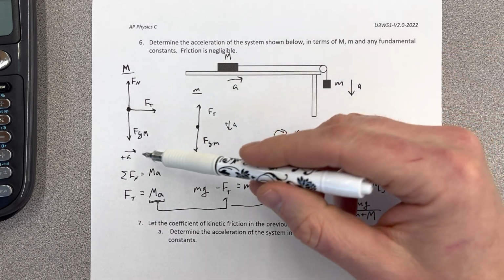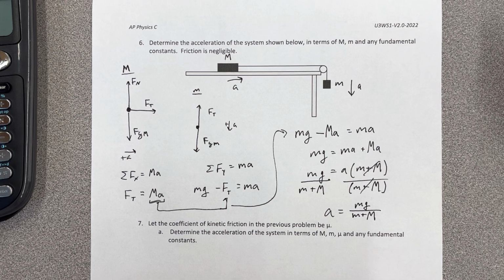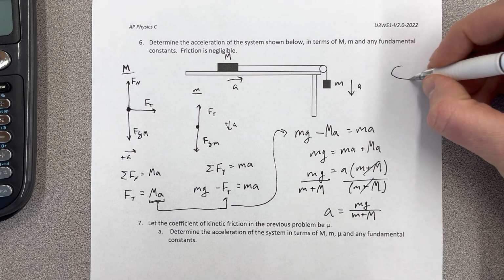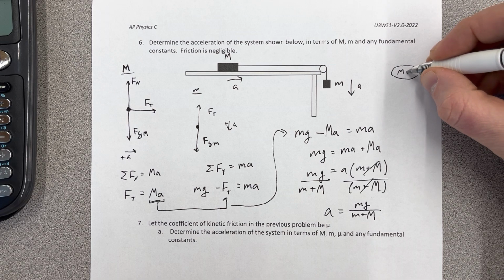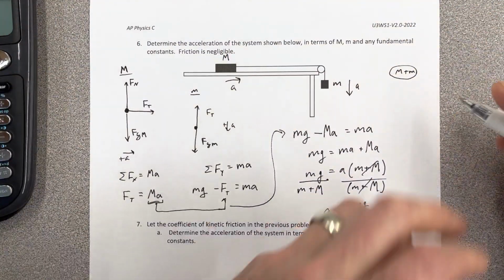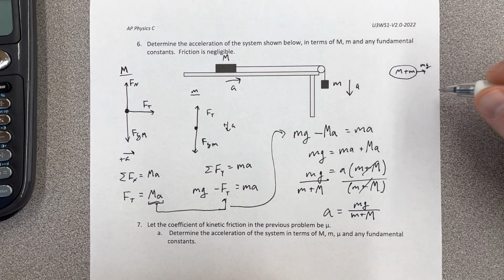You could always just do it using each force diagram and then finding this set of equations. The blob method here, kind of a side note: the system's total mass is big M plus little m, and the force accelerating it is little mg. There's no resistive force, right?